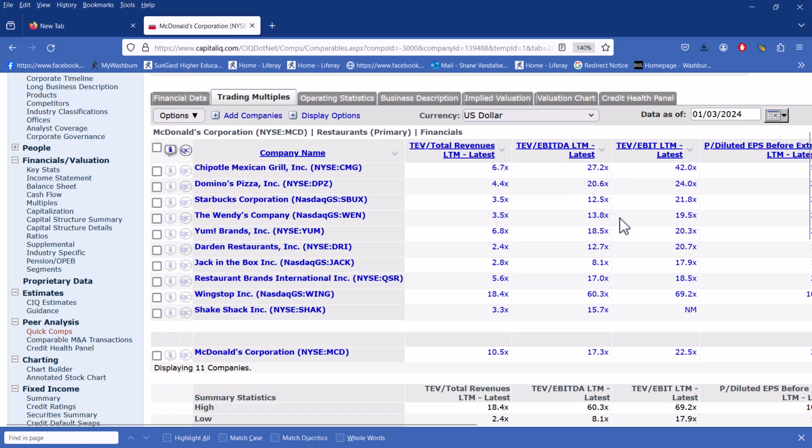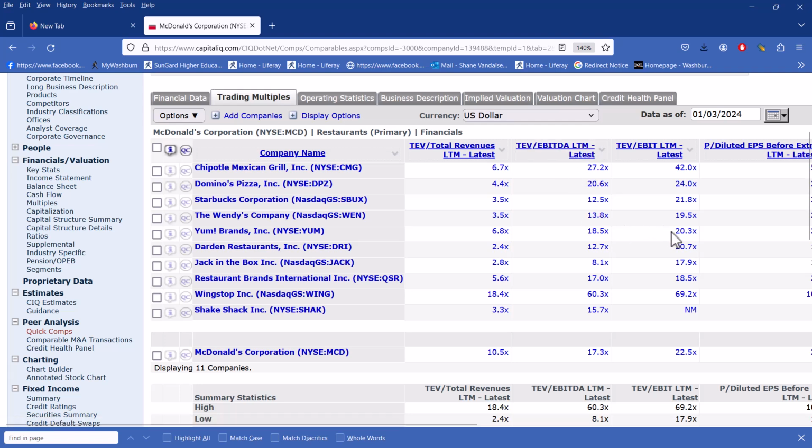So what this means is that based on that unit of measure, the EBITDA, investors have a higher expectation for Chipotle for every dollar of operating cash flows that the companies are generating right now, and investors have a little bit lower expectation for Wendy's based on this measure.